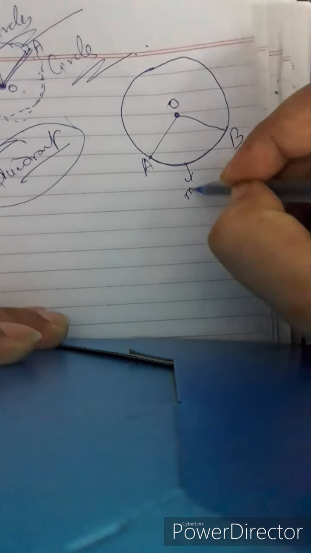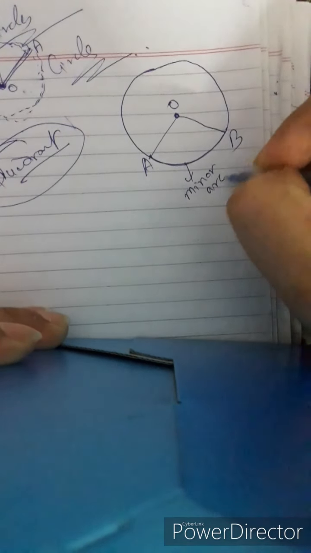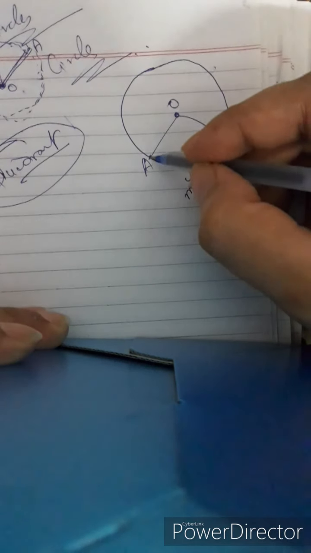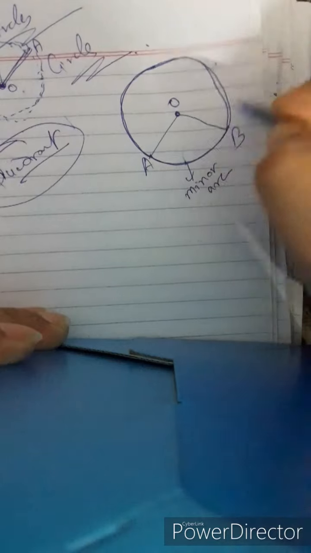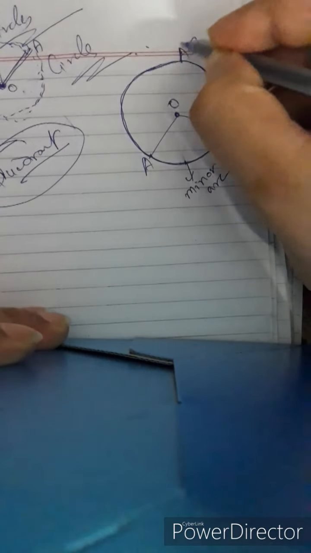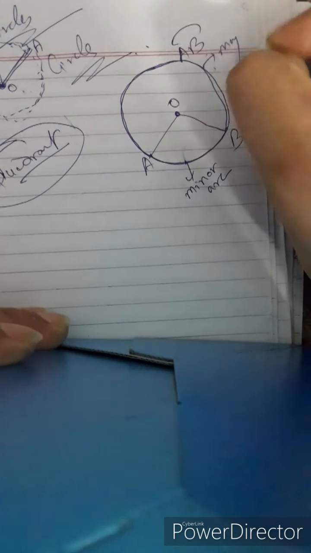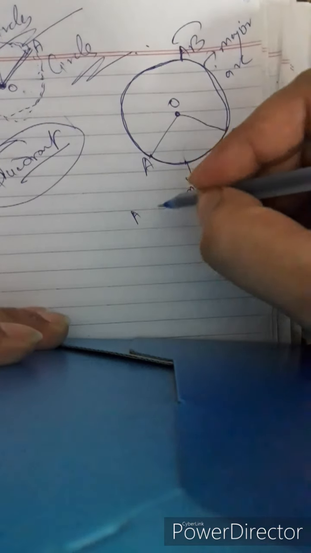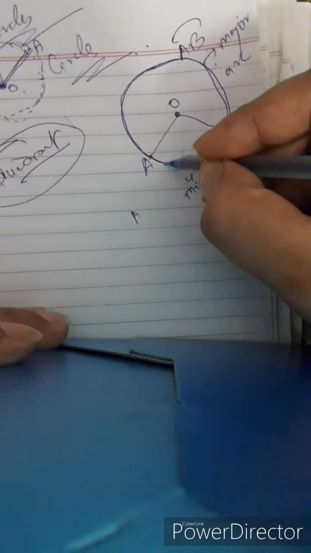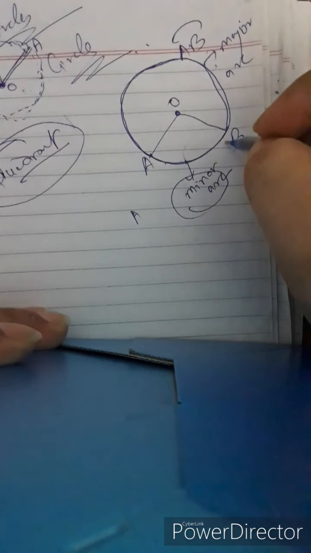This is the minor arc, and this entire arc AB is called the major arc. And this part is called the minor arc.